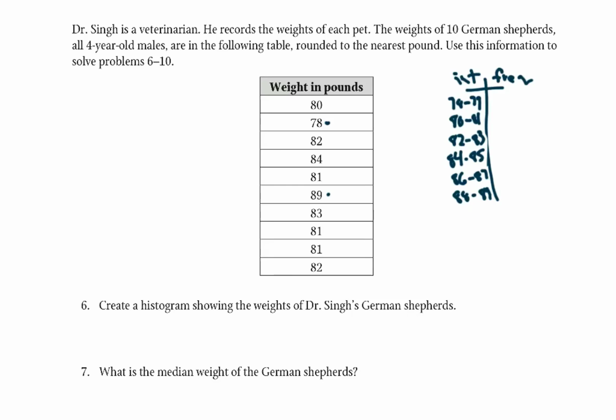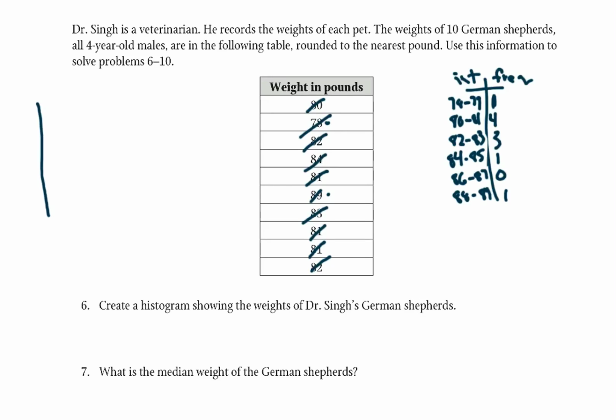So from 78 to 79, we have 1. 80 to 81, we have 1, 2, 3, 4. 82 to 83, 1, 2, 3. 84 to 85, 1, and then 0, and 1.